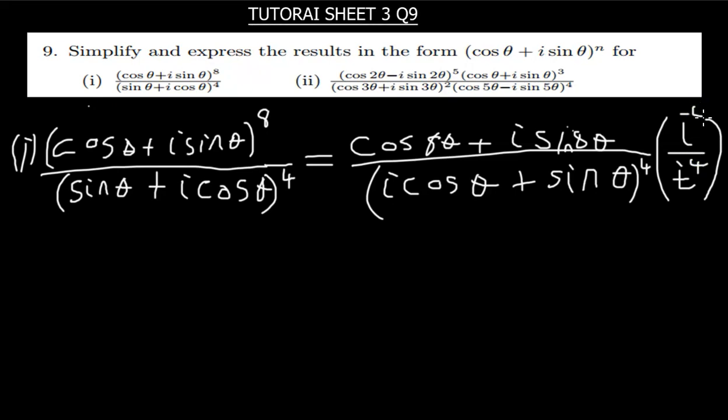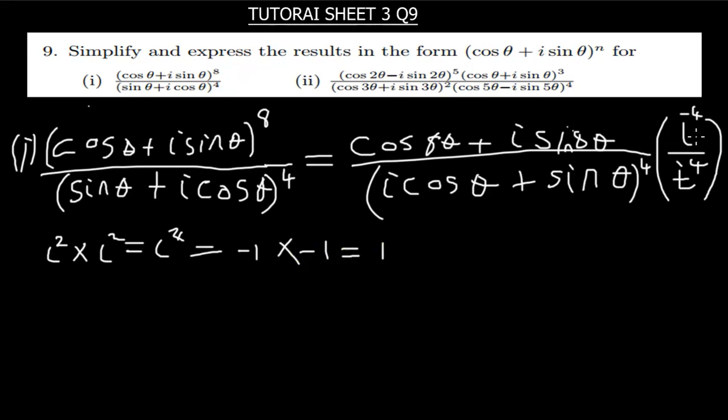So i to the power 4 is nothing but i squared times i squared. When you multiply i squared times i squared, you get i to the power 4. But remember, i squared is just the same as -1. So when you multiply -1 times -1, the answer that you get is +1.